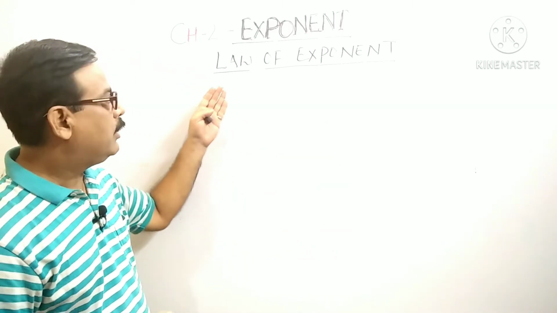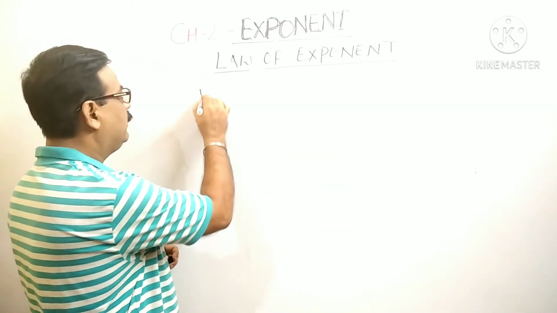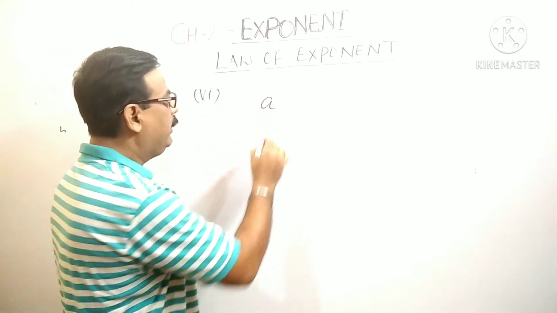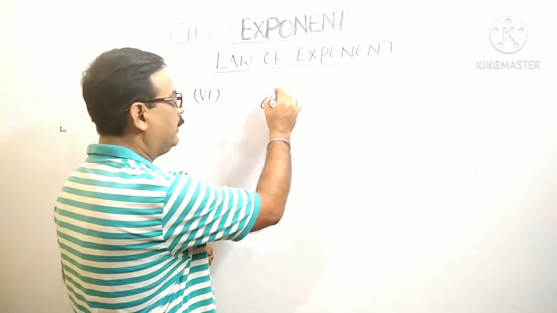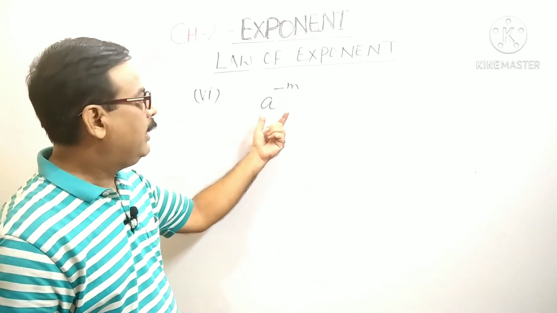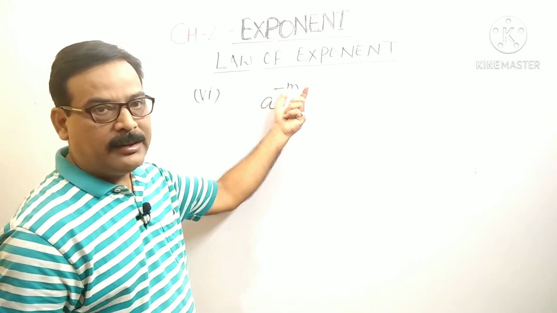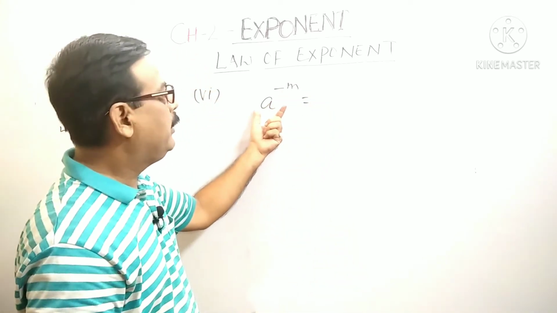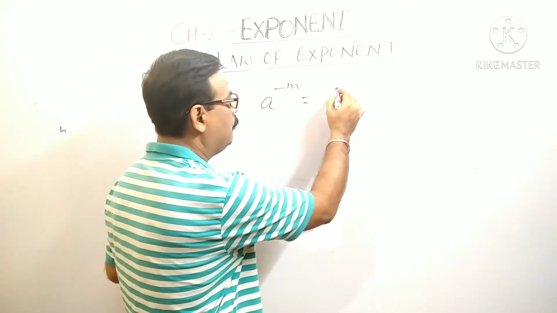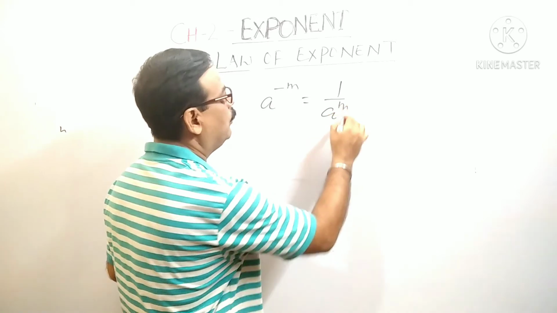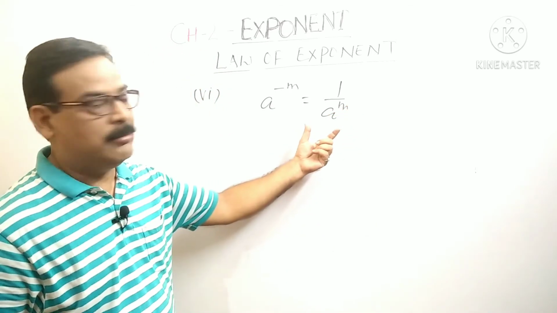So guys, our next law of exponent: if any number has a negative integer power, suppose the base is a and the power is a negative integer, the law says that the number should be reversed with the same power as a positive power. So we can write 1 by a to the power m.